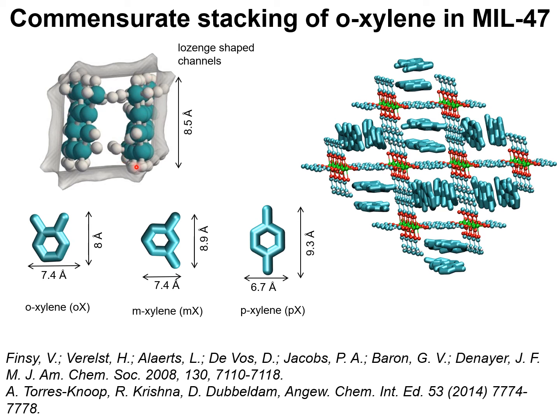Here are computational snapshots showing the commensurate stacking of ortho-xylene within the 1D channel framework of MIL-47. So it's possible to separate mixtures of xylenes, but the separation is not para-selective as we desire as alternative to Barium-X, but it's selective to ortho-xylene.